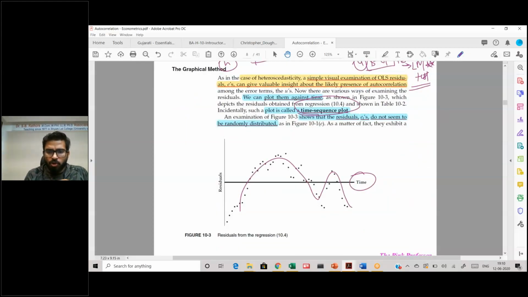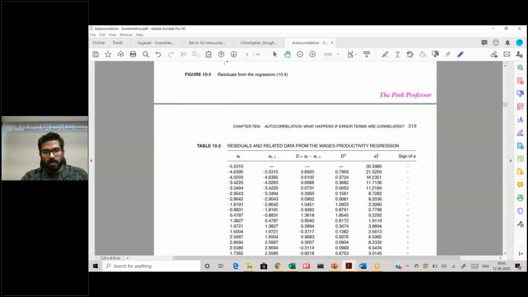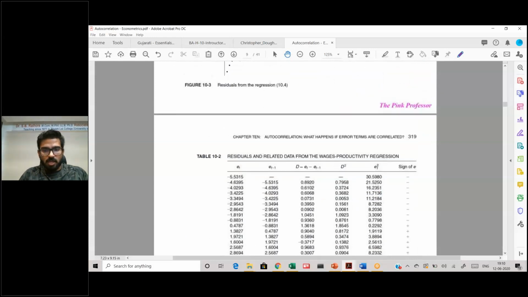Or you can do this, and I like this particular format much more, because in the case of usual economic data, you will definitely get a positive autocorrelation. You will get this kind of a trend. Or you can put it in this particular way. This is how you do it.